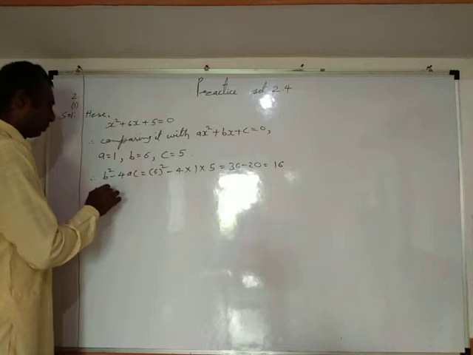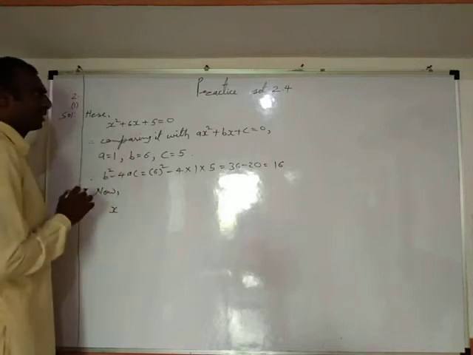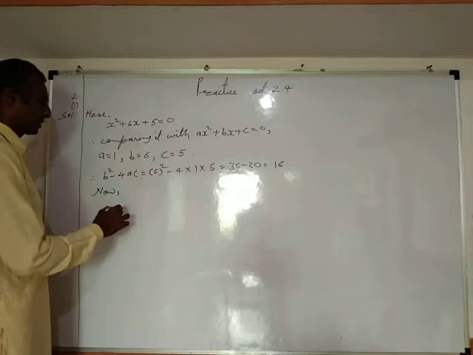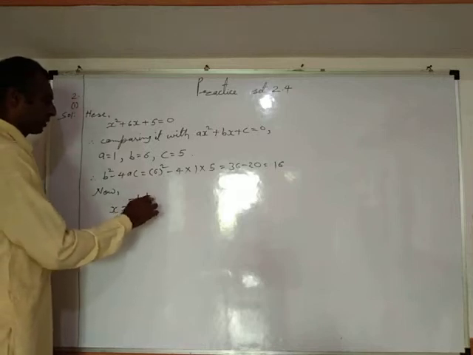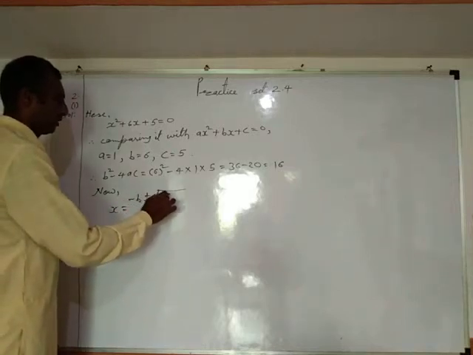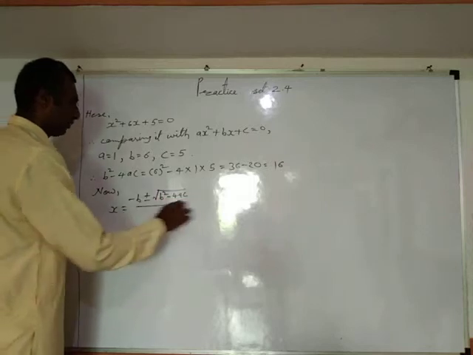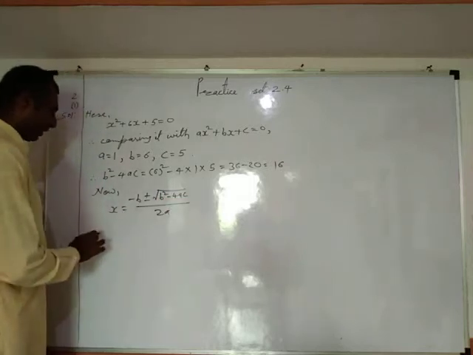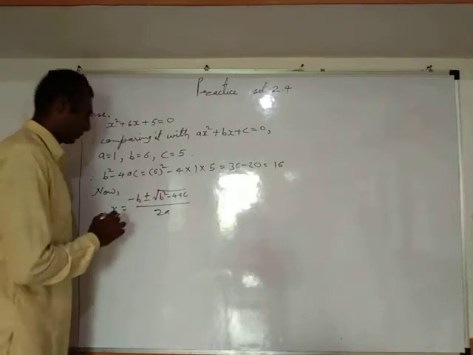Now x is the variable in this quadratic equation, that's why x equals minus b plus or minus under root b square minus 4ac upon 2a, and therefore let's substitute these values.